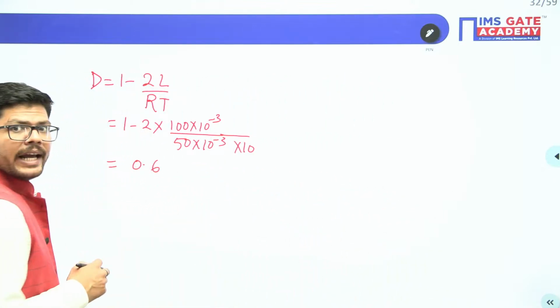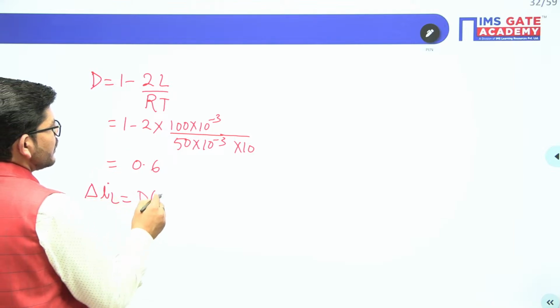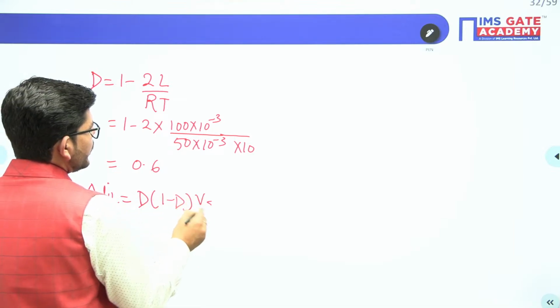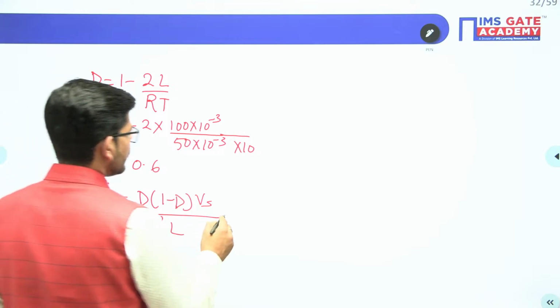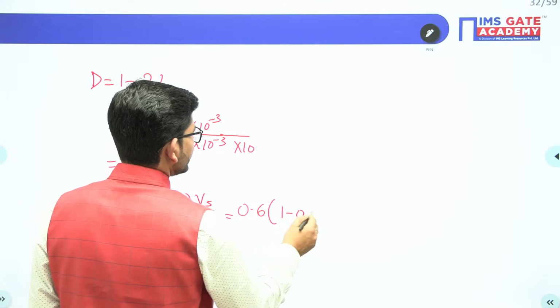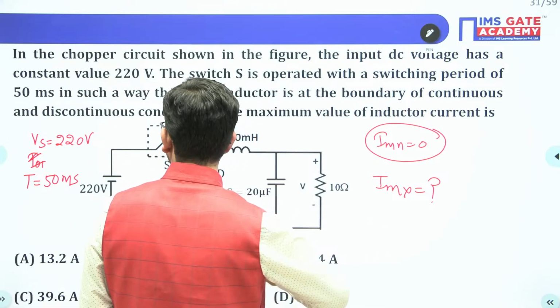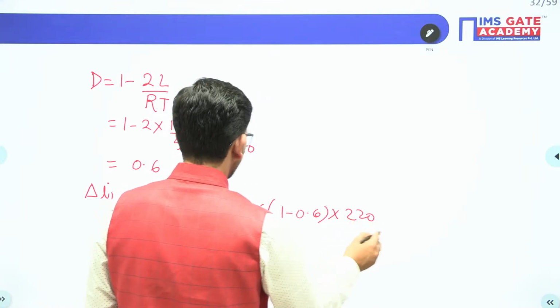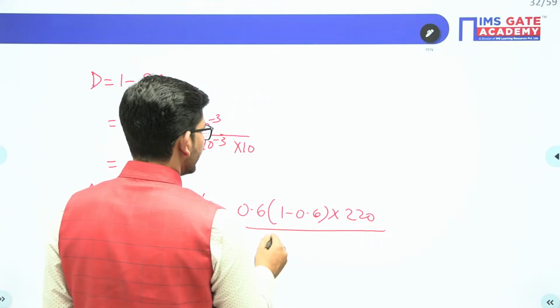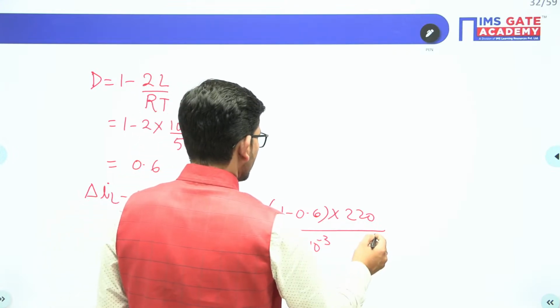And once you have calculated D, you can calculate del IL, which is D(1 minus D)Vs over FL. So what is the D? D is 0.6, 1 minus 0.6. Again, what is the value of Vs? Vs is given to us, 220 volt, upon what is L? L is 100 millihenry.